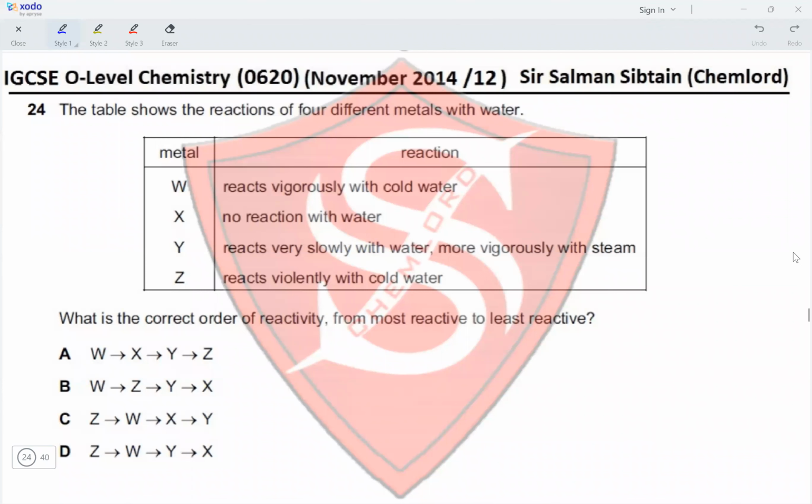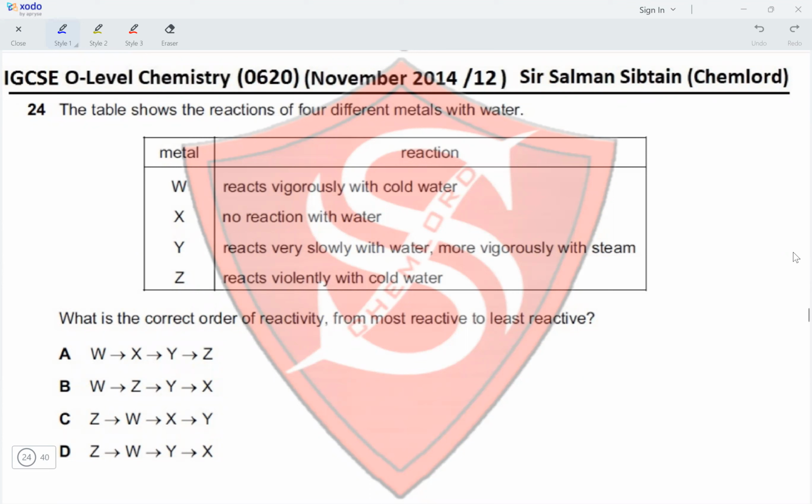Question 24. The table shows the reactions of 4 different metals with water. So W reacts vigorously with cold water. Okay. So W is a very reactive metal. X has no reaction with water. So X is a very less reactive metal. Y reacts very slowly with water, more vigorously with steam.